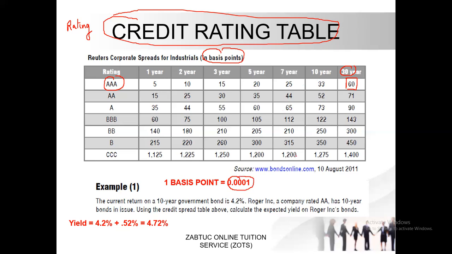Sixty basis points will be what? 0.060. This is 60 basis points. In terms of a percentage, what percentage is this?